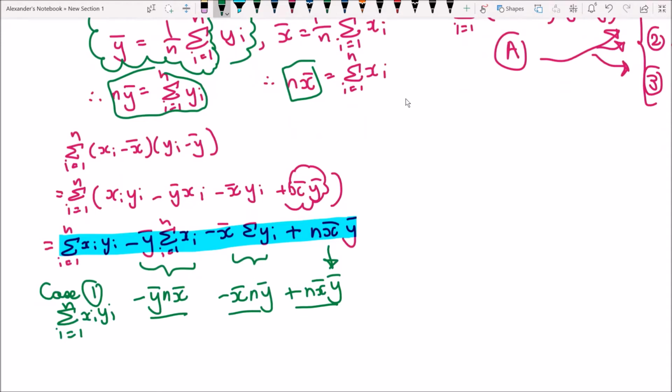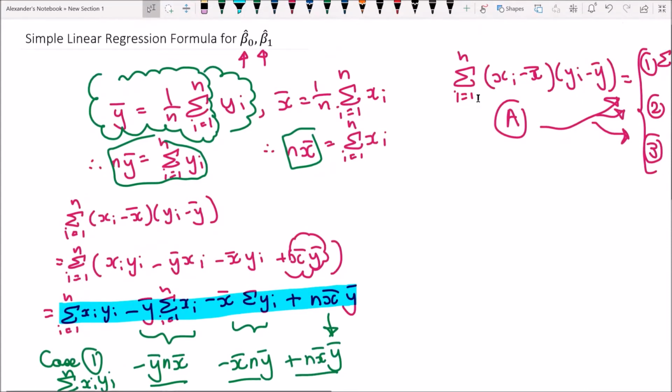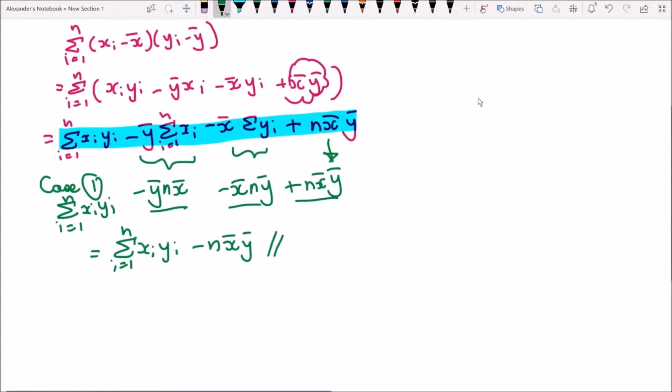So that summation can also be written as the summation from i equals 1 to n of xi yi, negative n x bar y bar, because we have minus 1 here, minus 2, and plus 1, so minus 2 plus 1 is minus 1. That's case 1. So we have shown that the summation of (xi minus x bar) times (yi minus y bar) can also be written in this form.